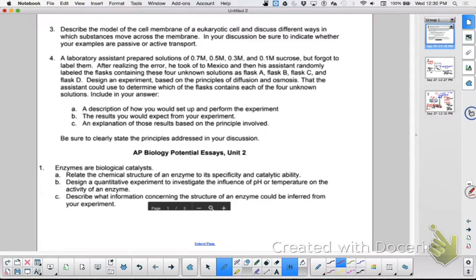And then an explanation of those results based on the principles involved. I would need to explain about diffusion and osmosis, right? I would need to explain that, and then I would need to define what diffusion is and define what osmosis is. I would need to explain what water potential means so that I could use that to support my claim that I'm making.